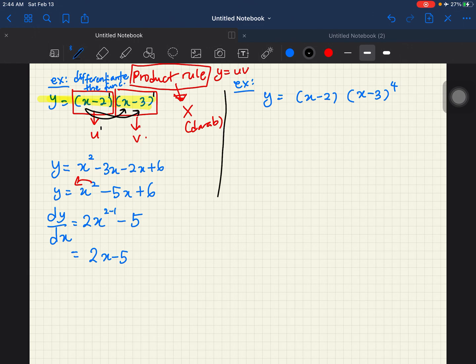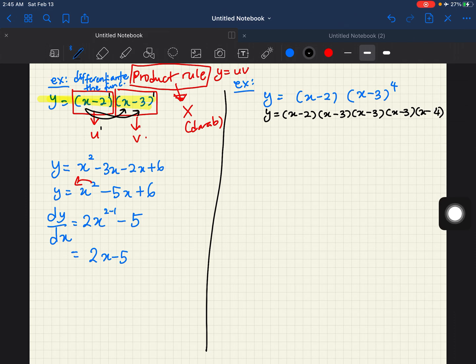But what if you were given something like this? Is it possible for you to expand x minus 2 with x minus 3 power 4? Kalau kita nak expand, dia akan jadi begini. It will look something like this. Is it possible for you to expand this?